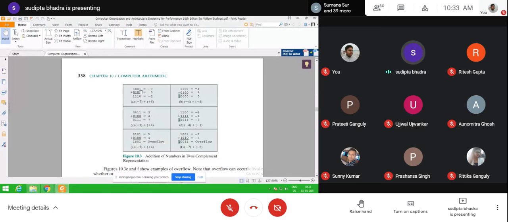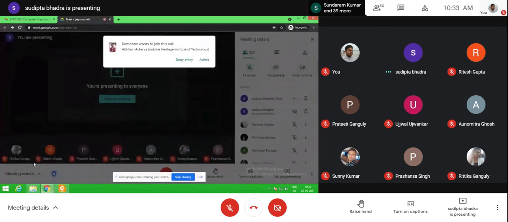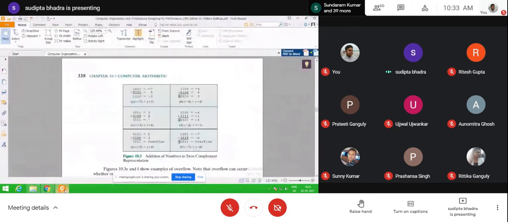Why 1001? The 1 means -8 and 001 means 1. So -8 plus 1 gives you -7.